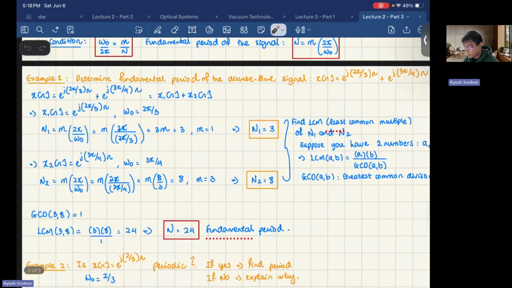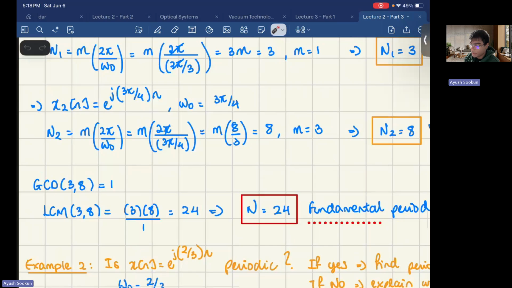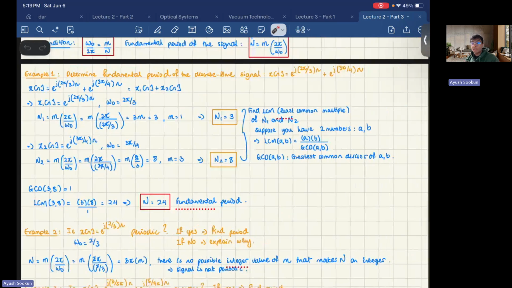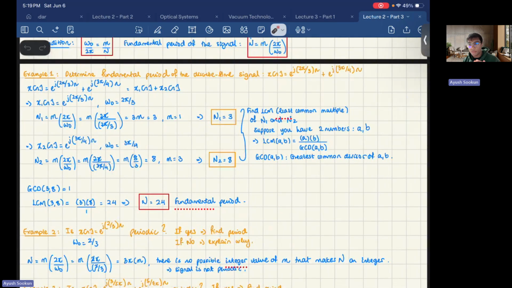So let's look at an example here. What is the greatest common divisor of 3 and 8? What is a number that when you take the number 3 and you divide it by that number, it divides evenly, right? So you don't have any remainders, it's a complete whole number. What is a number that divides both 3 and 8 that gives you a complete whole number, and you want that divisor to be the biggest number possible?